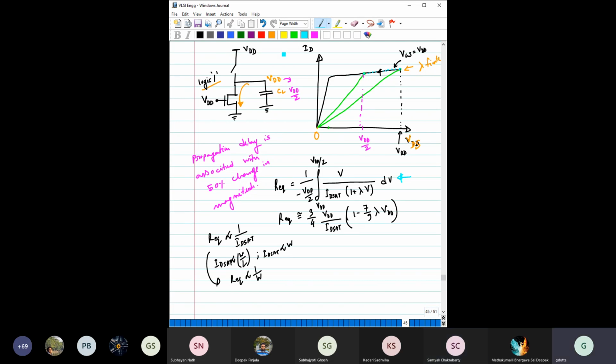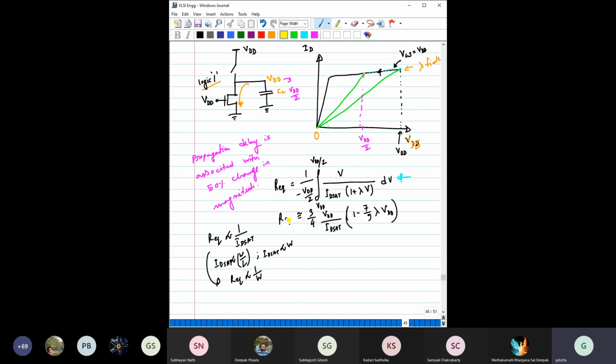No, it is not the same. If you calculate the resistance at this VD, the resistance is given by this delta VD by this ID. If you calculate at VDD, this value has changed. So it is continuously changing. So we are taking some average, doing some approximation. It is not the exact value, but it is for hand calculation. The derivative will give us the dynamic resistance. Okay, I got it, thank you.